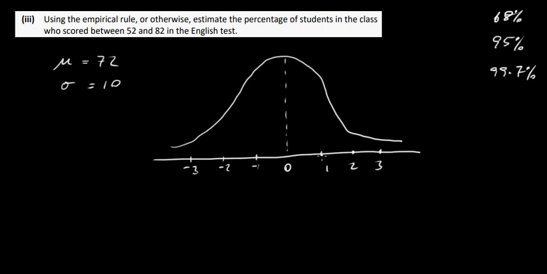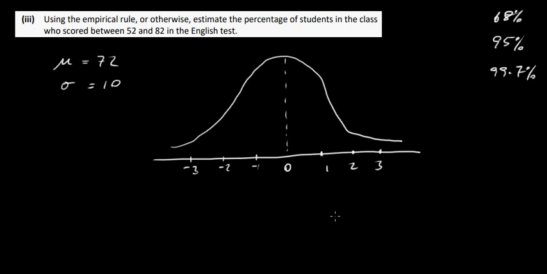So between this value here and this here, within here there will be 68% of the data. Between +2 and -2 standard deviations, within those two values there will be 95% of the data, and so on. Within 3 standard deviations there will be 99.7% of the data.